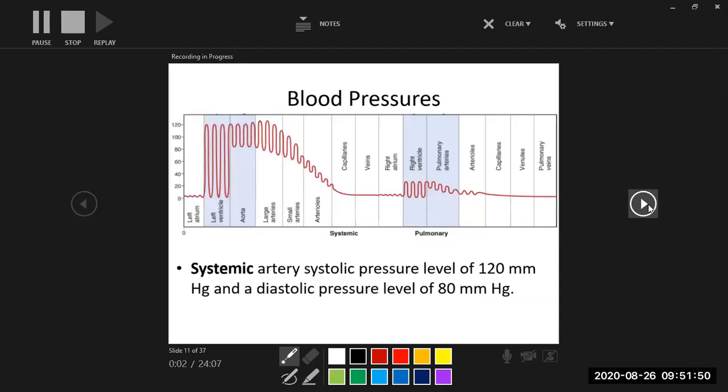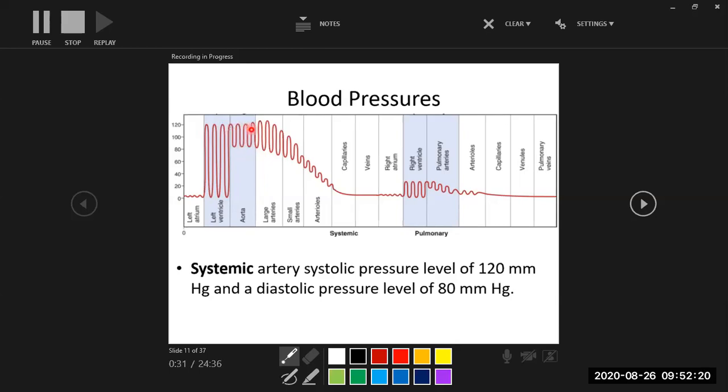So blood pressure. One thing you need to know is that the blood pressure in our body varies depending on the location. So in the heart, the blood pressure varies from around zero to about 120 in a healthy person. But in the aorta, in the artery, the range becomes 120 to about 80.